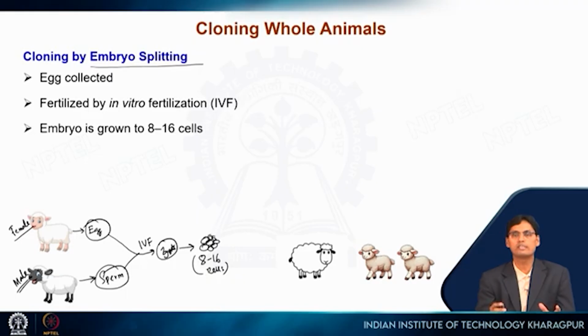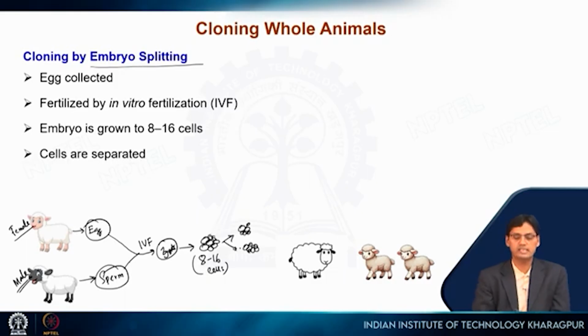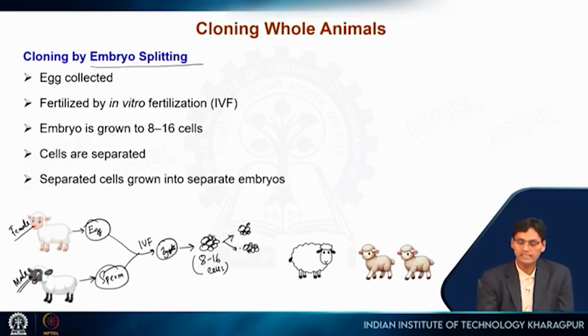So they are properly embryonic stem cells. Now if we surgically split these cells into two groups, surgically separating this cell mass, the cells are separated. And now these separated cells, we can put in a surrogate mother.